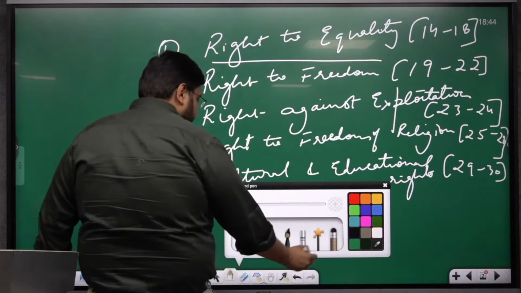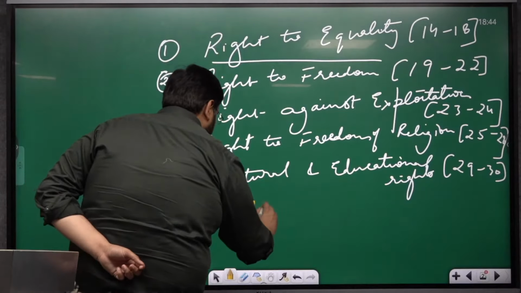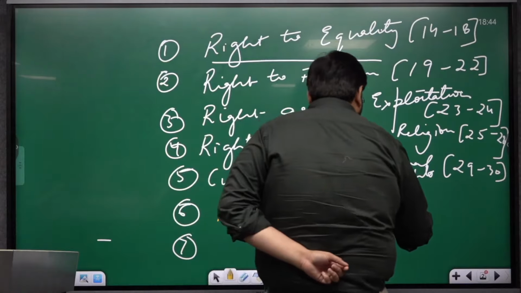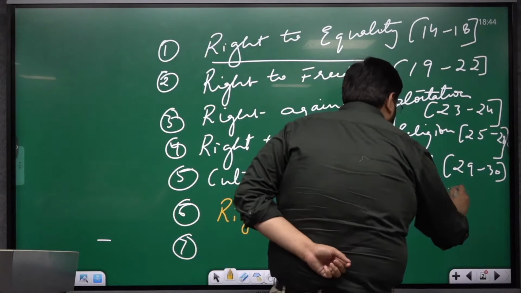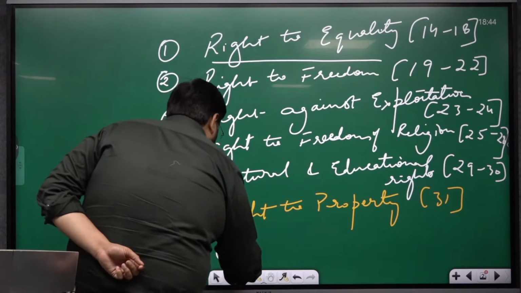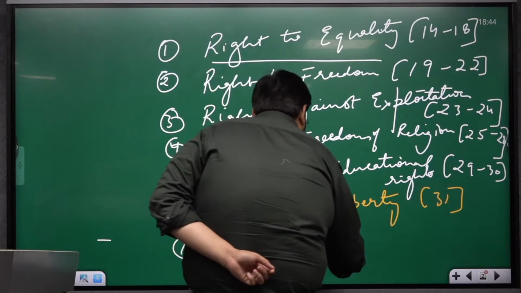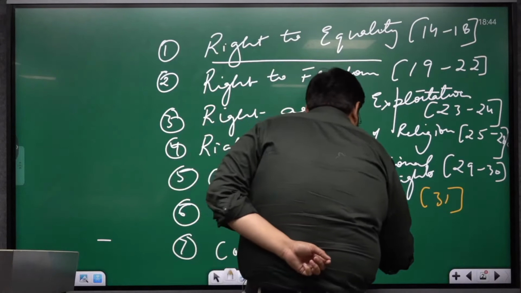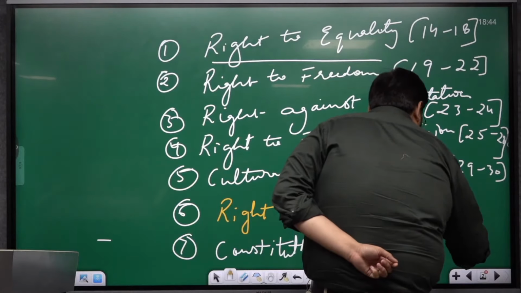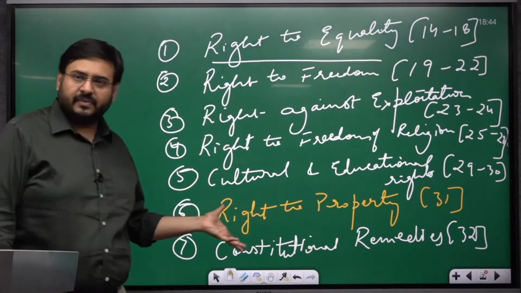Then we have the right to property, Article 31. Then we have the right to constitutional remedies, Article 32. Simple. Very simple.